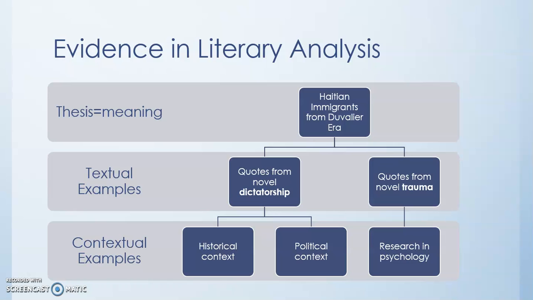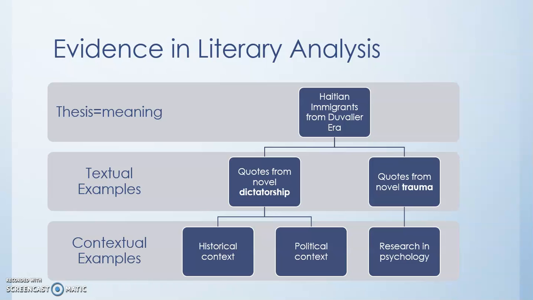So as a random example that I've decided to use, I want to show you how the different layers of evidence will be shaping up as you're going through your literary analysis.